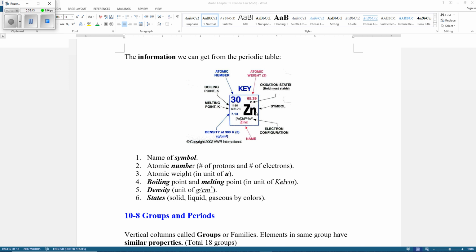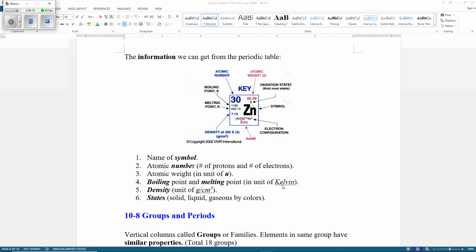Now, of course, this color tells you zinc is solid. And what else? Boiling point and melting point. Under this atomic number, you can find the boiling point and the melting point. 1180, what unit?